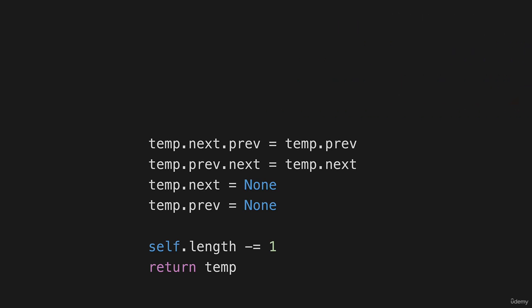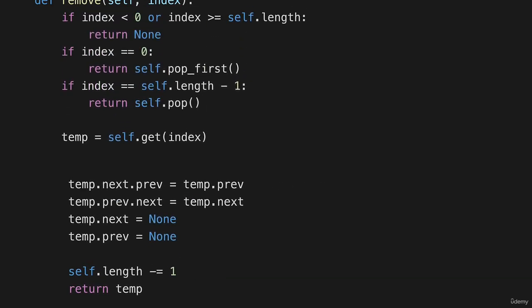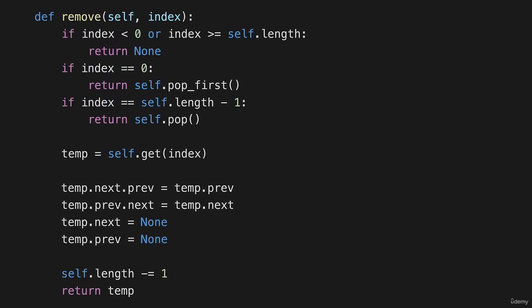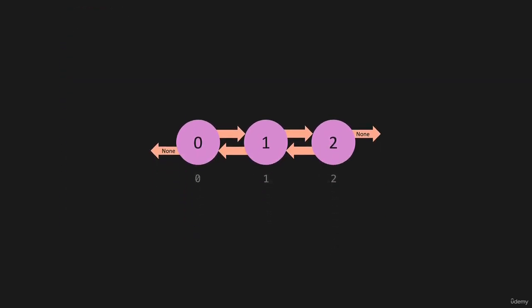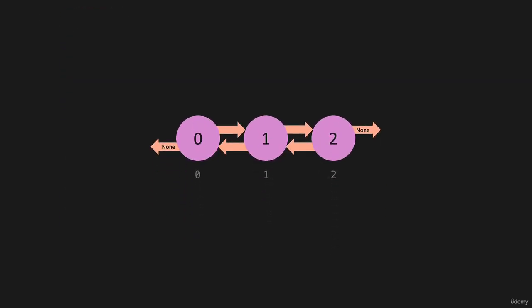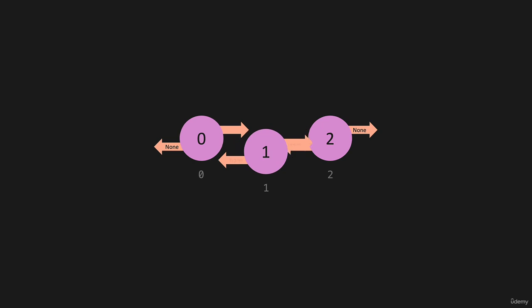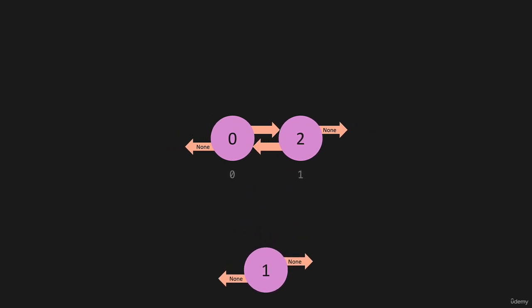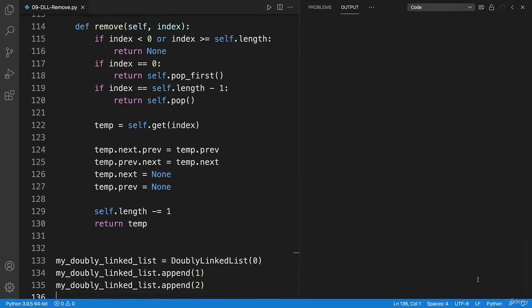So let's look at this code with the rest of our code, like that. And we'll look at this in a moment in VS Code. And we'll build this doubly linked list, 0, 1, 2. We'll remove the item at the index of 1, and we'll be left with a list with values of 0 and 2.